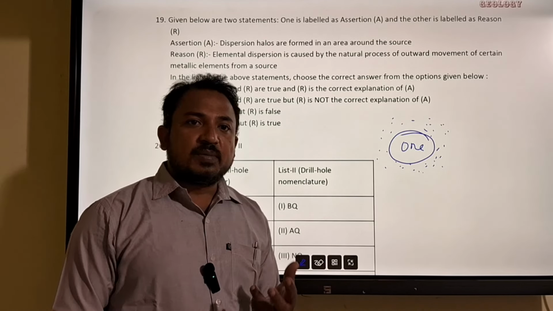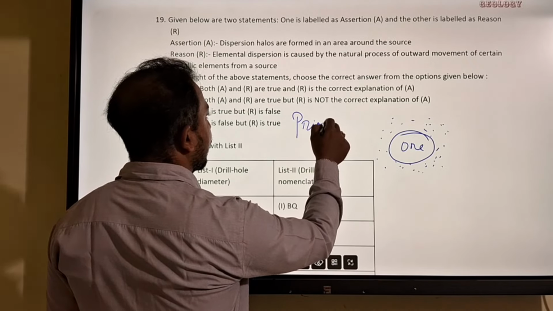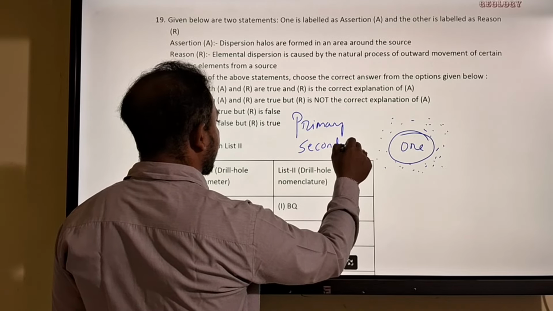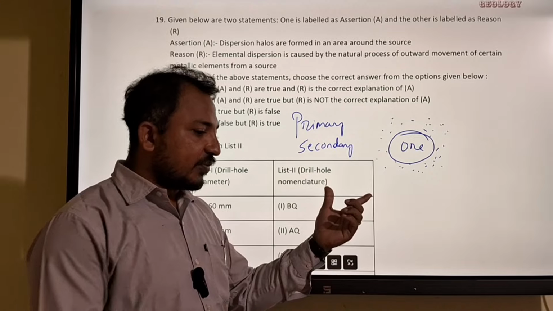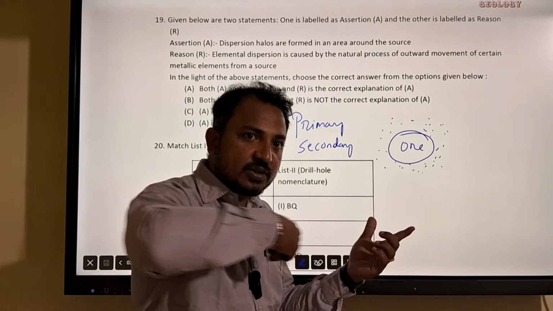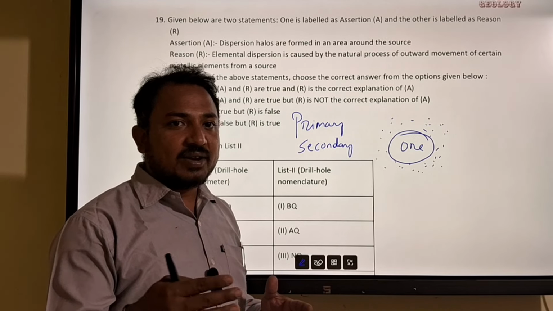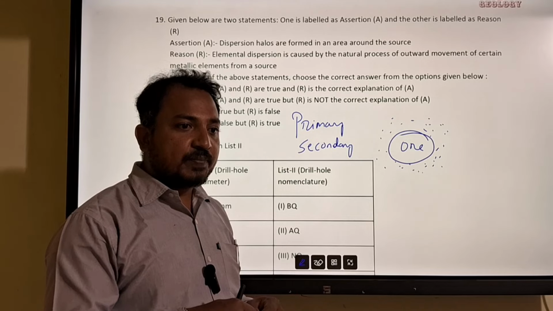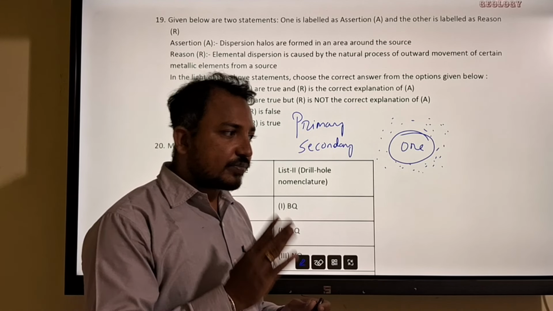So there are two types of dispersion halo. One is primary, another is secondary. Suppose there is an ore deposition here. Nearby that deposition, you will get higher concentration, or you can say you will get that ore mineral in the nearby region.